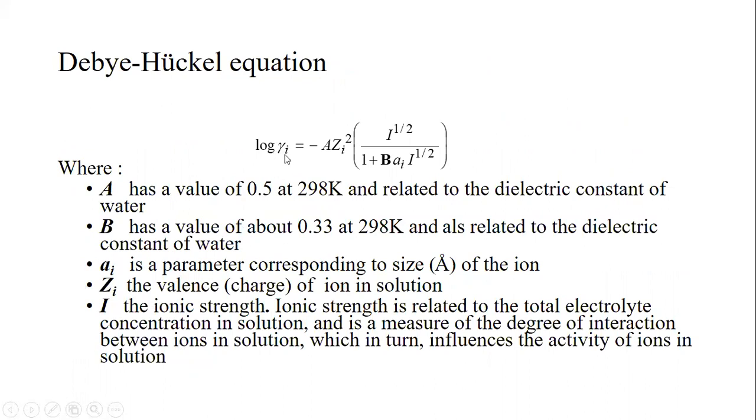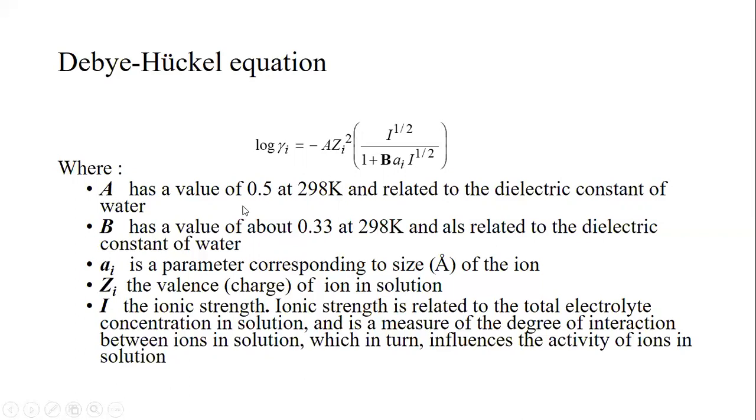So log gamma of I equals minus, remember, never forget this sign, minus A Z I squared, open big parenthesis, I to the half, that means the square root of I, over 1 plus B a sub I times I to the half. We will know what all of these symbols are.